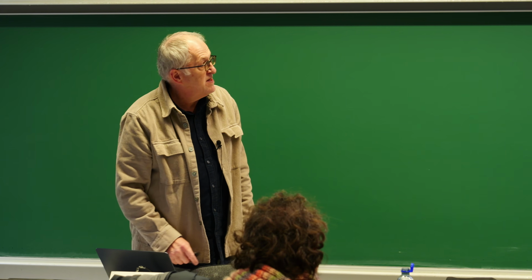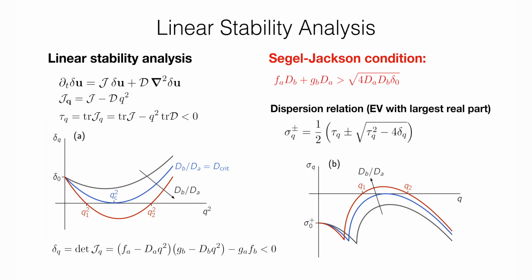What we also did is linear stability analysis, which is very standard. So you expand the operator to linear order. That means you have the Jacobian for the reactions, and you remain with the diffusion operator as is. Then the total Jacobian is the one for the reactions plus the term coming from diffusion.